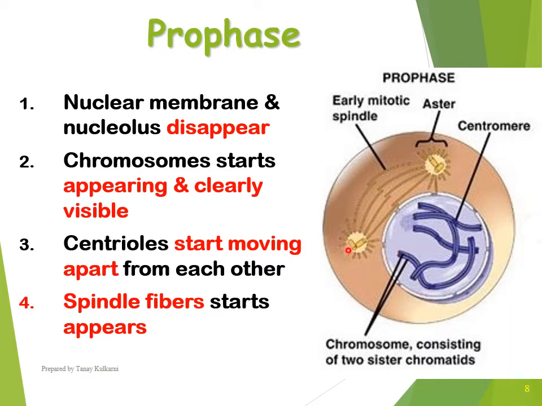Apart from that, if you see, these two bar bodies are called centrioles. They are also divided. They have started forming the spindle fibers, right? And along the spindle fibers, they have started moving apart from each other. Once they start moving apart, they will take the pole position.